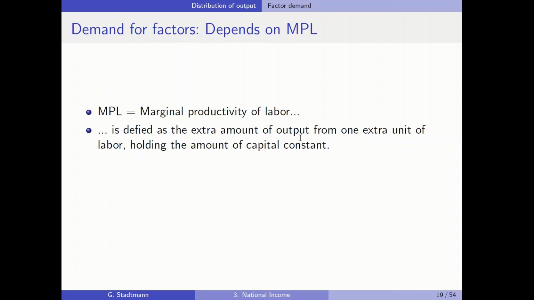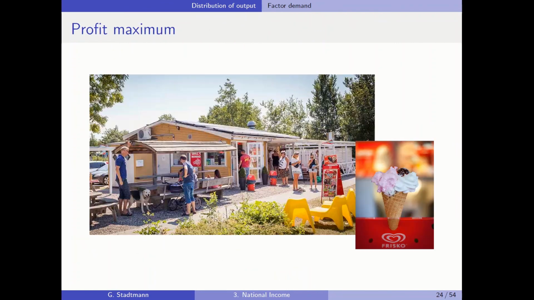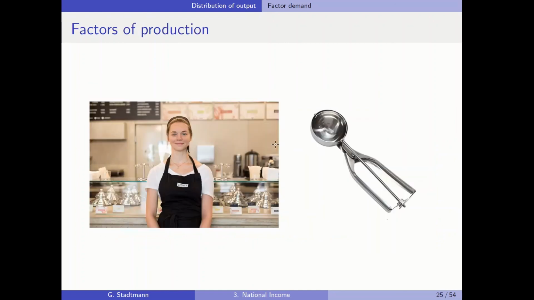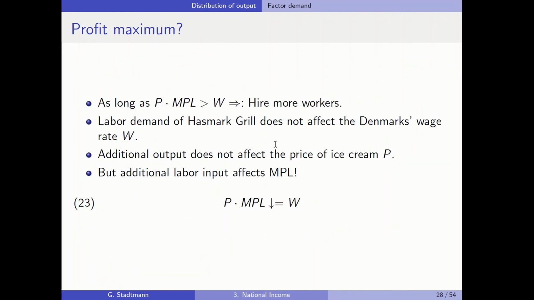Afterwards, we had a look at the case Hasmark Grill, where the manager has to find the optimal amount of labor input, and the goods price was given, factor price was given, and we learned about the profit maximization condition.